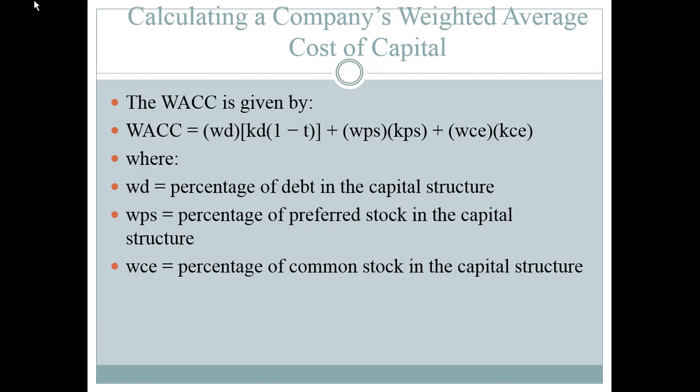So we say WD multiplied by the component cost of debt after tax, plus WPS, which is the percentage of preferred stock in the capital structure, multiplied by KPS, which is the cost of preferred stock, plus the weight of common stock multiplied by the cost of common stock. Okay, so this is how you get your weighted average cost of capital.